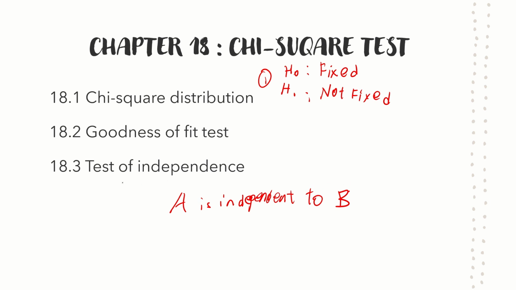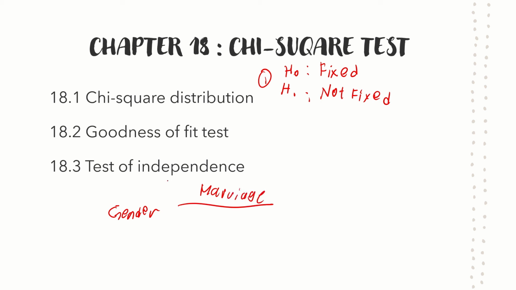So in this test, we can use the chi-square test to test the independence of two situations. There are many kinds of situations based on the question given. Maybe situation A is gender and the other is marriage. Gender has two categories, male and female.